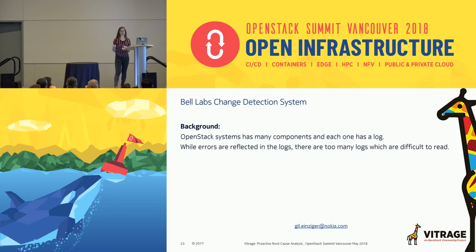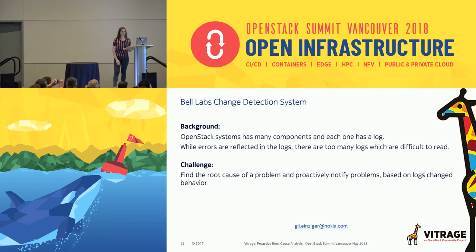If you don't use a smart log analyzer, it's almost impossible to detect a fault before it happens, and even after it, it's difficult. So the challenge is to find the root cause of a problem and to notify about the problem maybe even before it goes very wrong in the system.